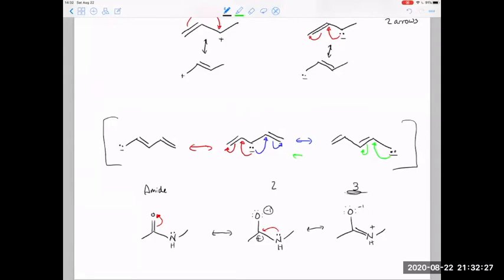I believe it's because it does a better job of spreading out the charge. Well, so really in 2, carbon has only 6 electrons in its octet. Both of them have formal charges, a -1 and a +1. On number 2, though, carbon has only 6 electrons in its octet, whereas in number 3, at least everybody has a full octet. So that's why 3 would be a little bit better.